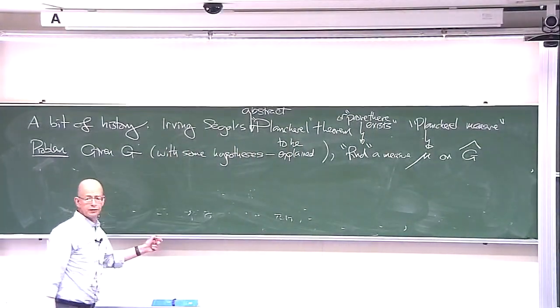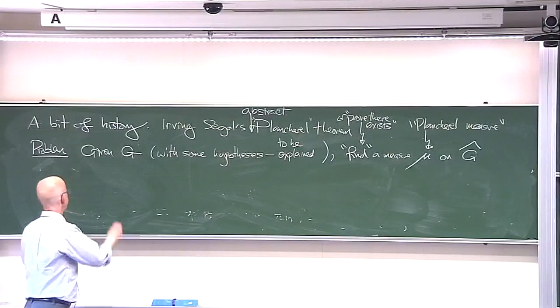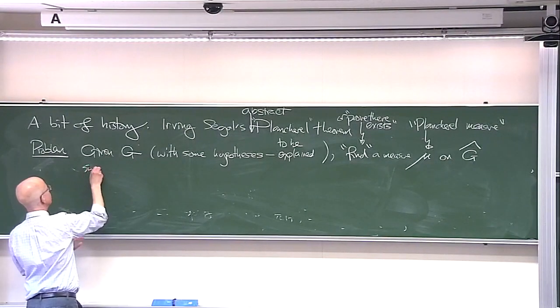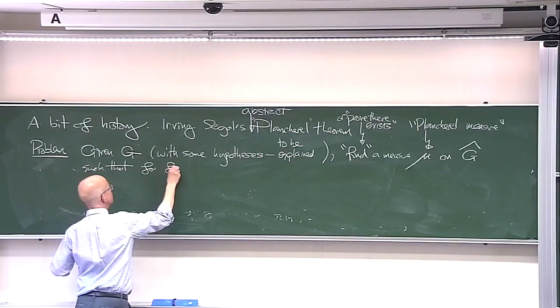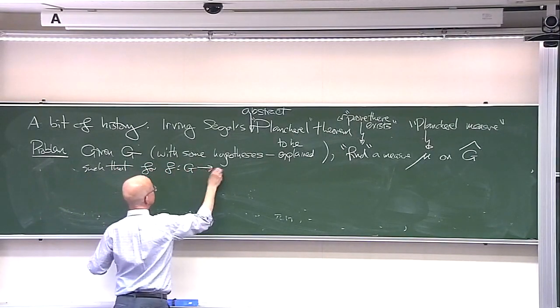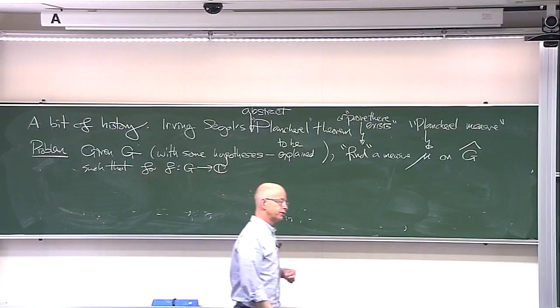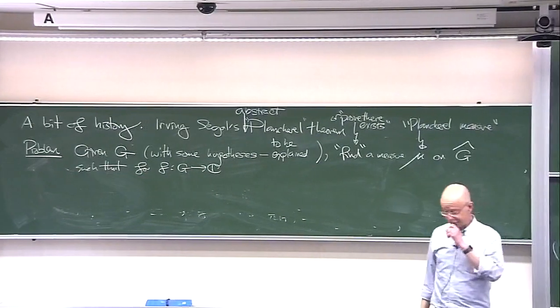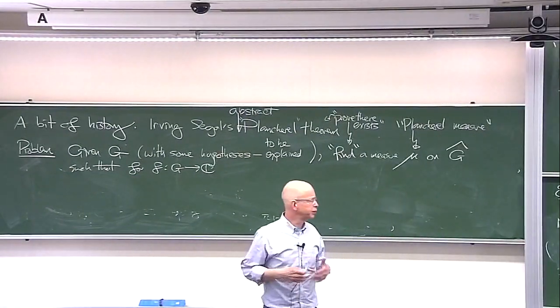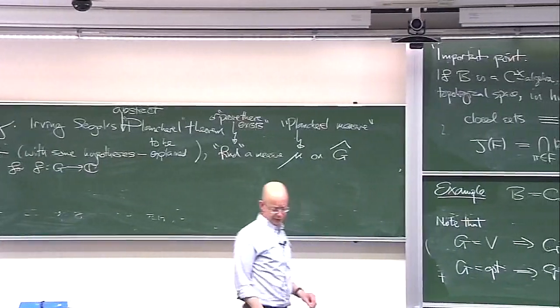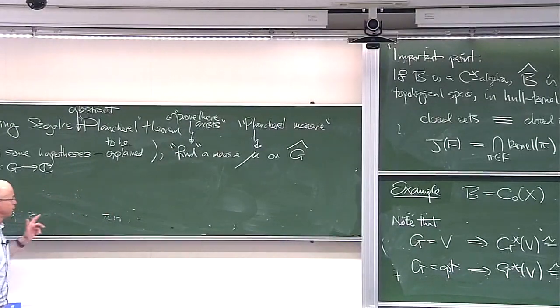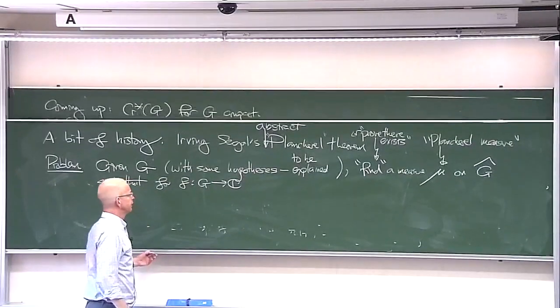And what's this measure supposed to do? Here's what it's supposed to do. It's supposed to reconstruct functions from their Fourier transforms in the following sense. So people experimented with some formulas like the ones that I showed you back in the abelian case, and they decided that what I'm about to say is the right generalization.